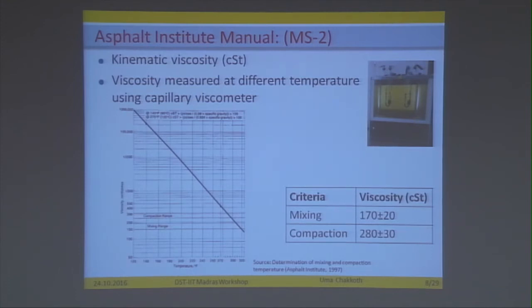We have viscosity measured at different temperatures and prepare a viscosity temperature chart in log scale, and from that we read the temperature corresponding to a viscosity of 170 plus or minus 20 centistokes as the mixing temperature, and when the viscosity is 280 plus or minus 30, we read the temperature from the chart as the compaction temperature.